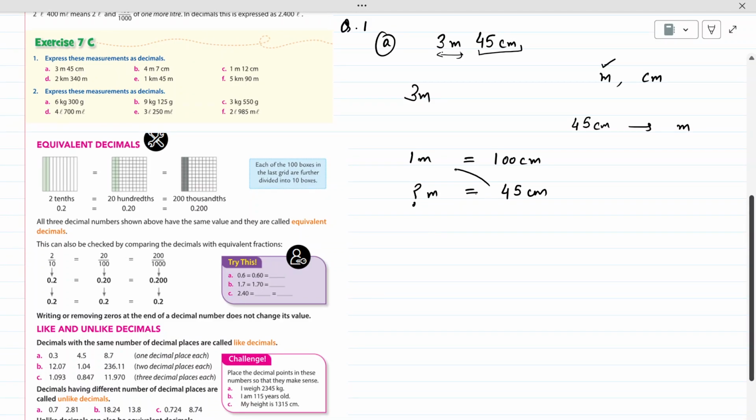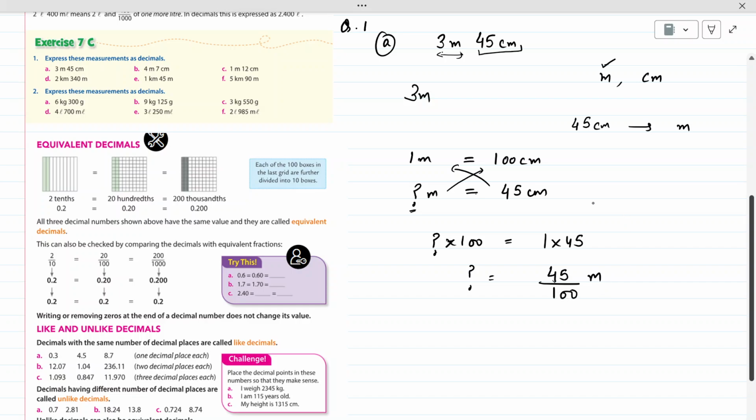When we cross multiply these two, we see that question mark into 100 is equal to 1 into 45, and this question mark is equal to 45 divided by 100 meters. Why meters? Because we are converting it into meters. We wanted the value of meters only. So this question mark is equal to 45 by 100 meters.